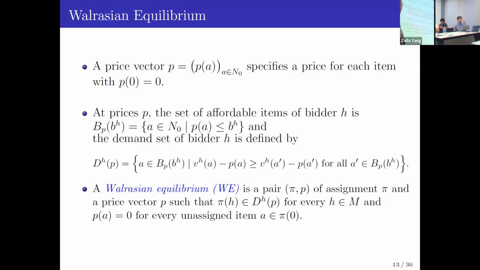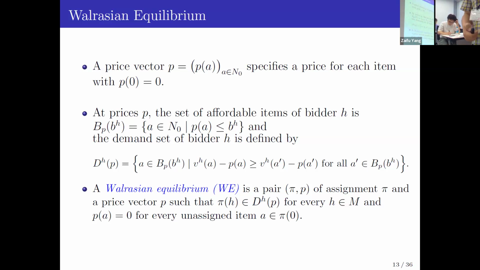Then you try to maximize your surplus over all affordable items. Here we use this set of affordable items under your budget. Then we have the valuation equilibrium. In a valuation equilibrium, you have a price vector and an assignment, such that everyone gets an optimal bundle, and for any unsold item, the price should be equal to 0.